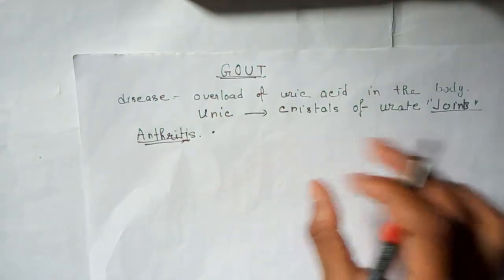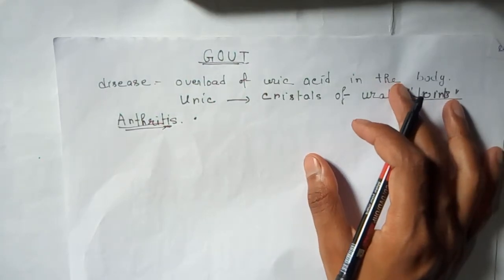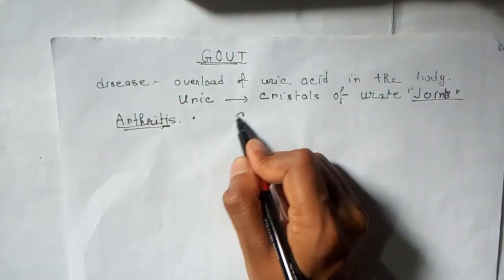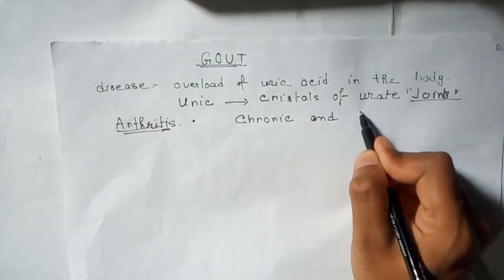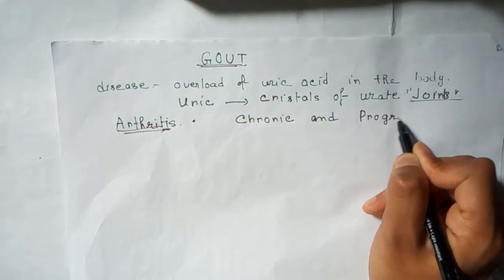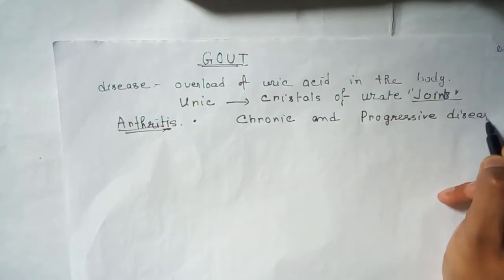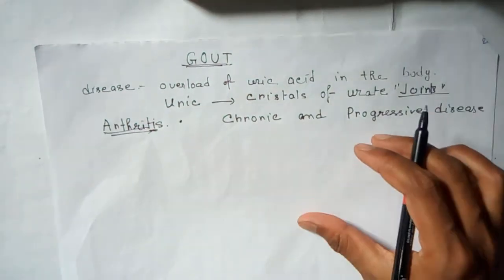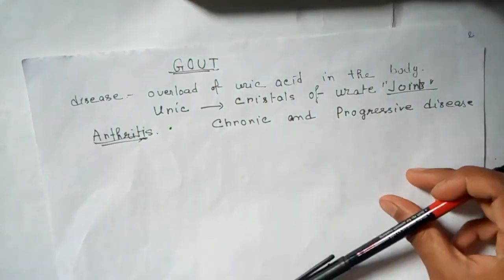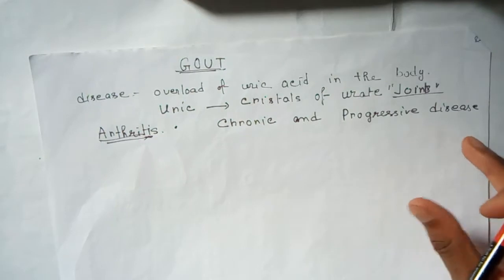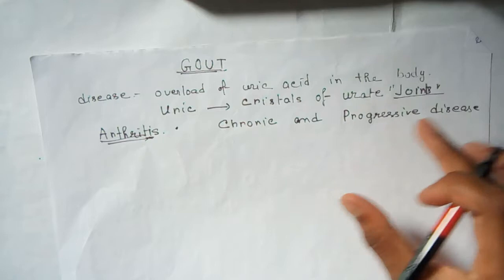Gout is considered a chronic and progressive disease. Chronic gout can also lead to deposits of hard lumps of uric acid in the tissues, particularly in and around the joints.